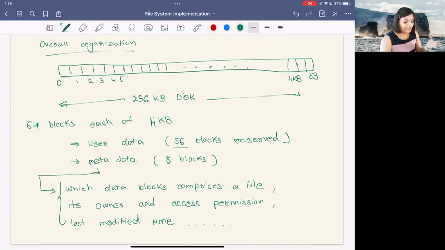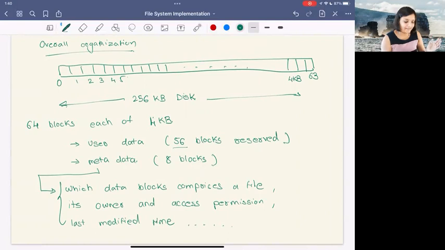Also note that if the capacity of the disk increases and you maintain the same ratio of blocks dedicated to user data to blocks dedicated to metadata, then with the same proportion, a larger disk would accommodate even more files.